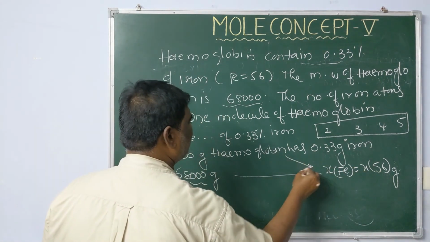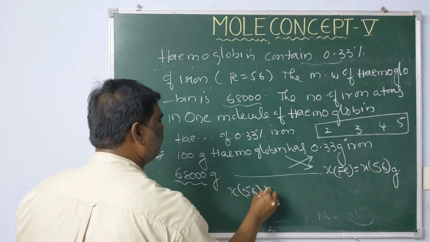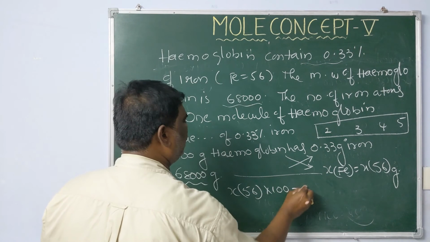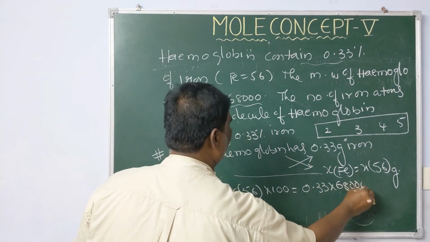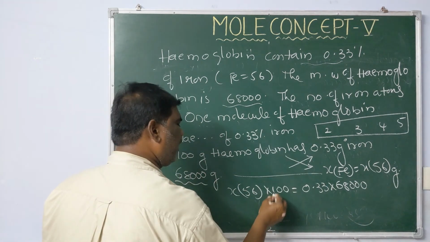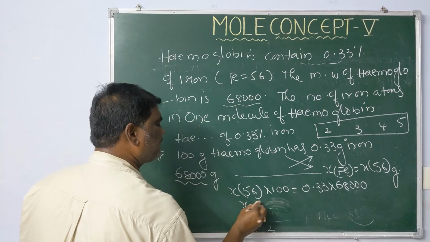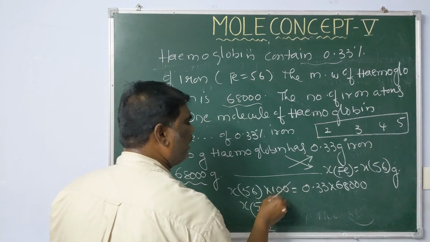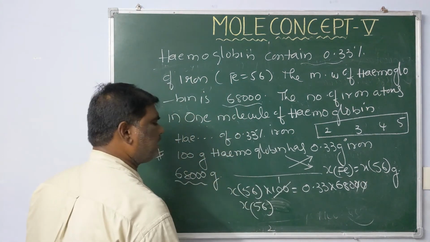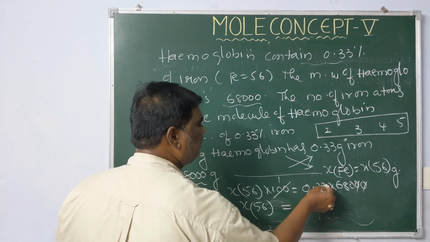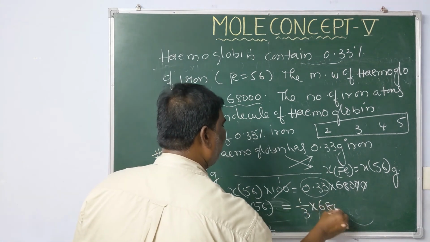Now you do the cross multiplication. So X into 56 into 100 is equal to 0.33 into 68,000. The 2 zeros are cancelled. So X into 56 equals 1 by 3 into 680.